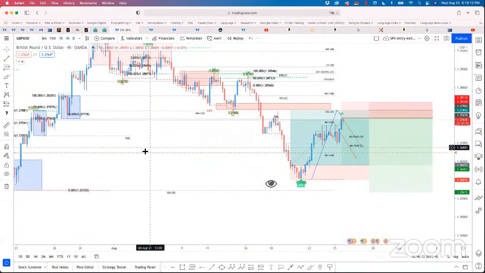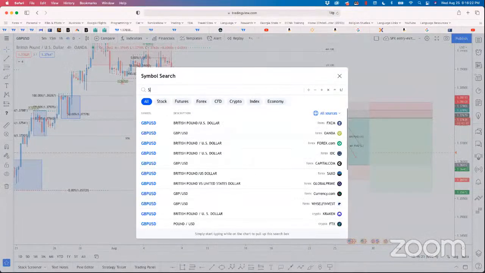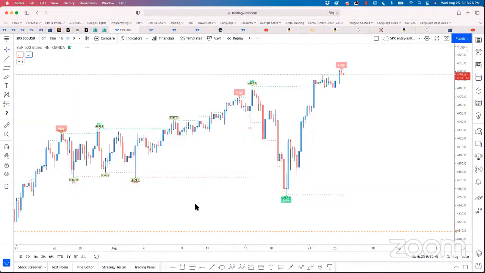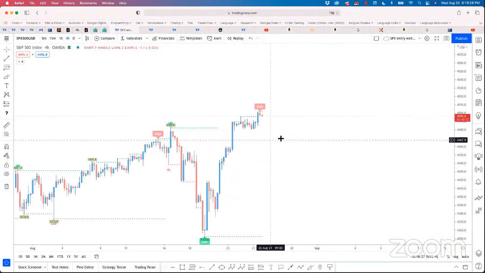Do you have an example? What pair? SPX, 15 minute, 20 August.